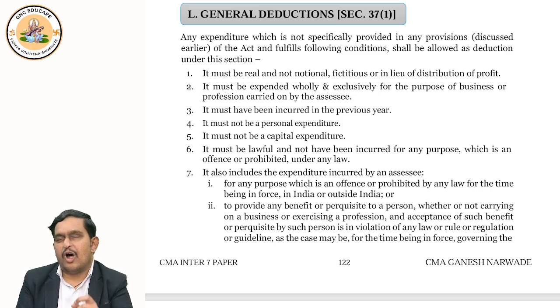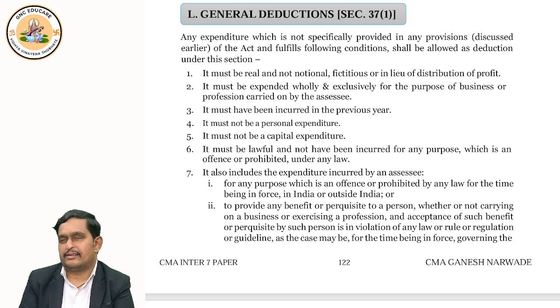Is it not covered under section 30 to 36? So it is incurred for the purpose of business, not covered under section 30 to 36. It is neither personal in nature nor capital in nature. Neither personal nor capital. Okay.